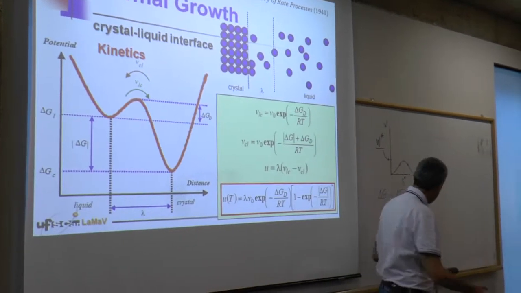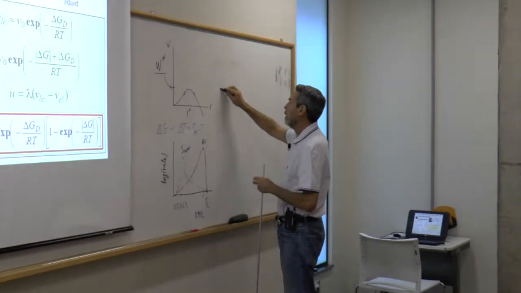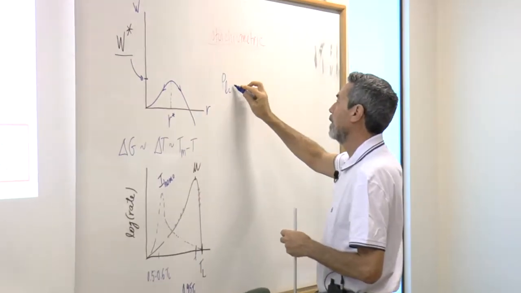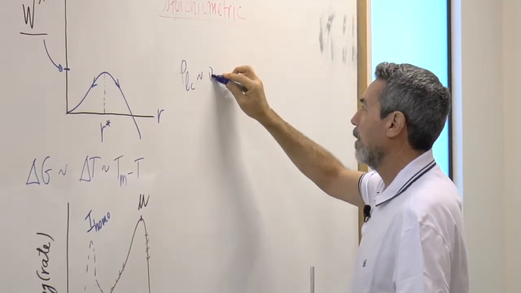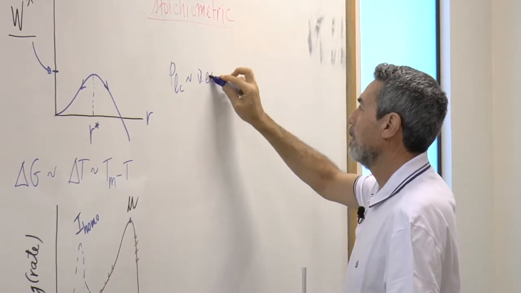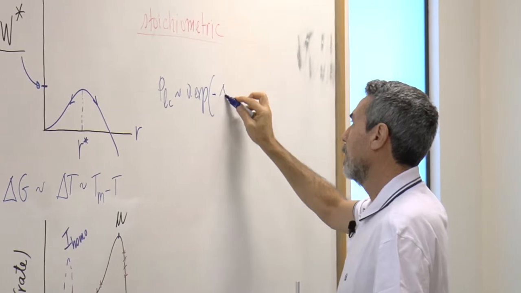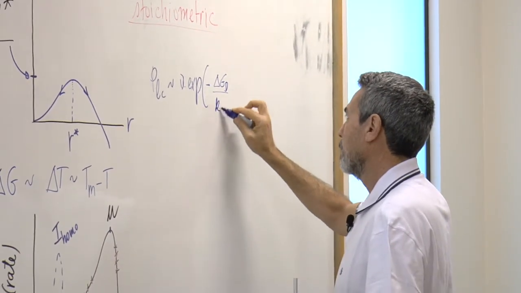So you can write the probability of going from the liquid to the crystal is proportional to the vibration frequency and the exponential of minus delta GD over kT.